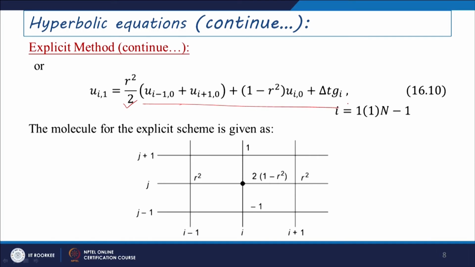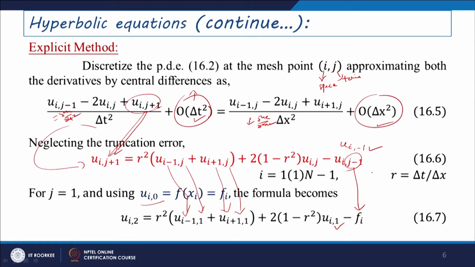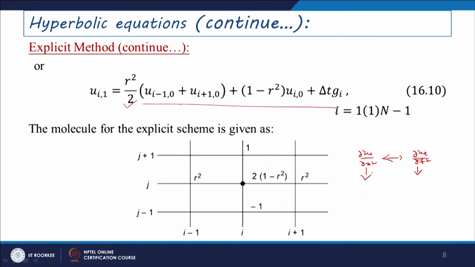So, if you go for this molecule here, we can find this one as, since in the x direction we will have 3 coefficients, that is in the form of del square u by del x square, and if you go for the time direction here we will have 3 terms, del square u by del t square here. So, this will give you 3 terms, and this will give you 3 terms here. So, this molecule, if it is formulated, can be taken in the form, if you see here, that is j plus 1 level, jth level and j minus 1 level.